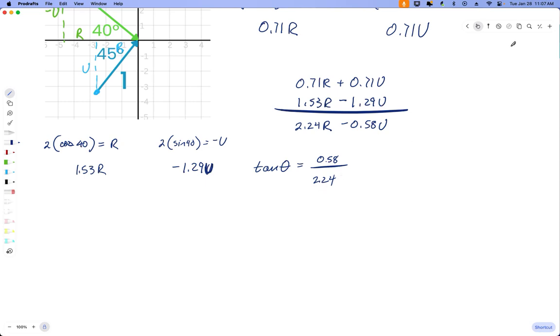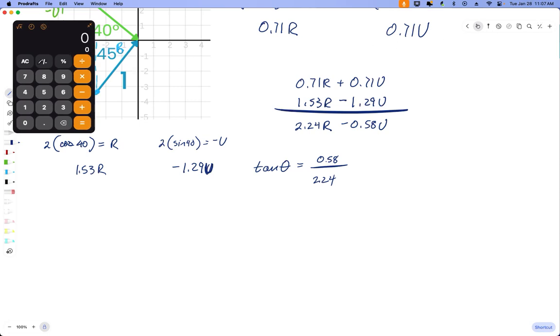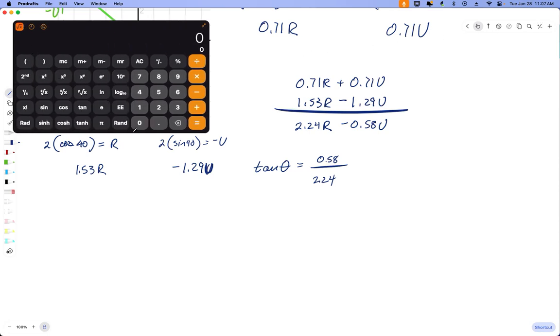So that's going to be 0.58 divided by 2.24. Inverse tan is 14.52. I think that's right.